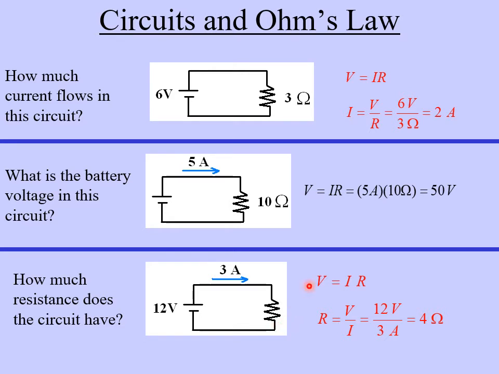So V equals IR. This time we're going to solve for R. So the resistance R is equal to the voltage divided by the current. The voltage is 12 volts, that was given. The current is 3 amps, that was given. 12 divided by 3 is 4, and since we're solving for a resistance, the units is ohms. So this must be a 4 ohm resistor.